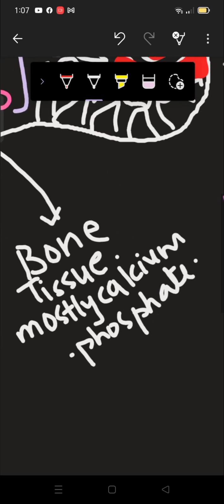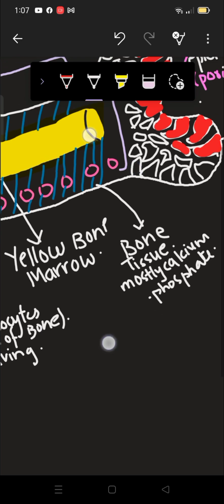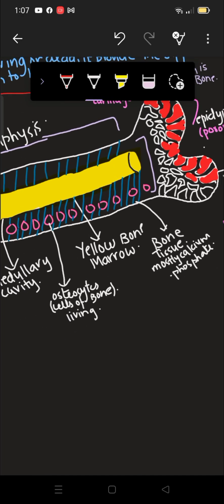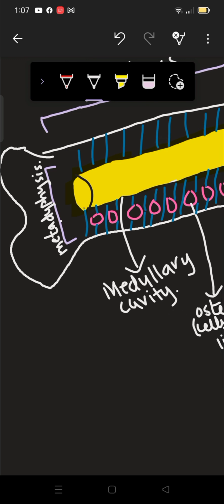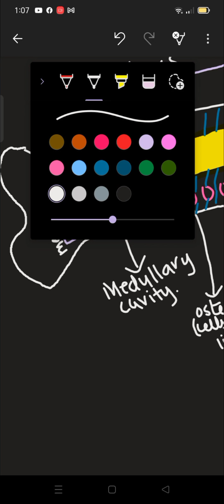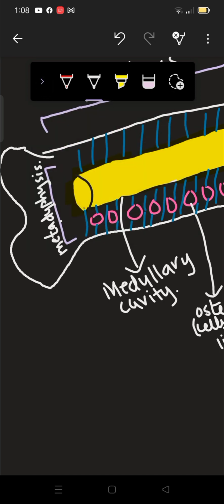This is calcium phosphate. Alright, so as we have talked about this, let me write that as well. It has lots of adipose tissue. Like what structure has a lot of adipose tissue? That is yellow bone marrow.